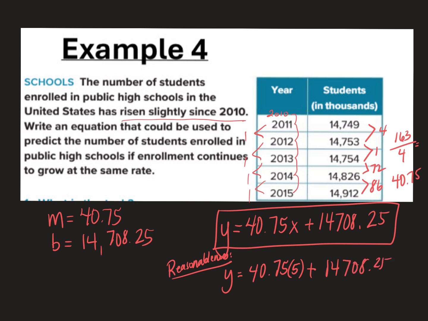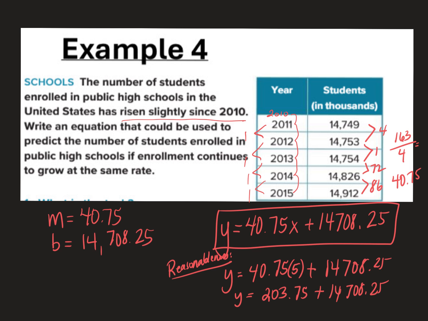I'm going to do 40.75 times 5, which would be 203.75 plus 14,708.25. I keep typing the wrong numbers.